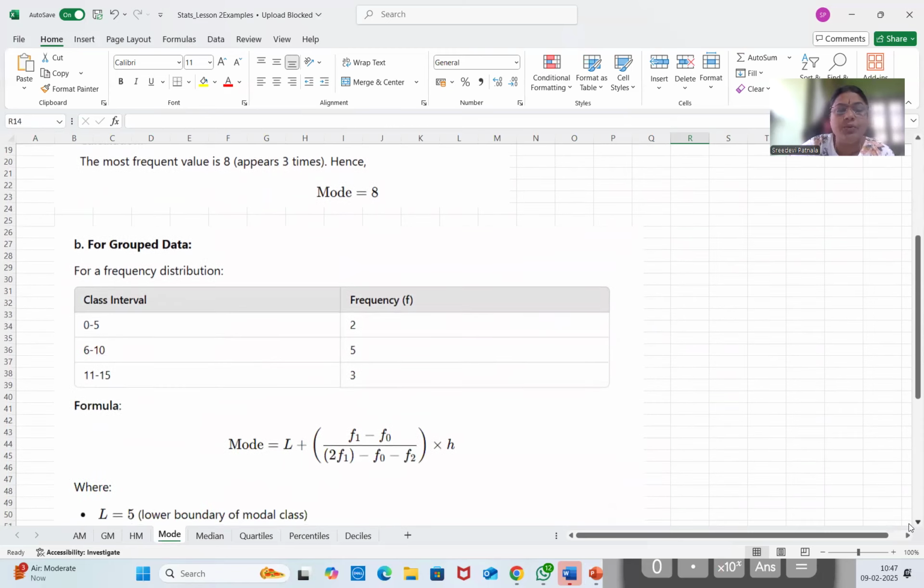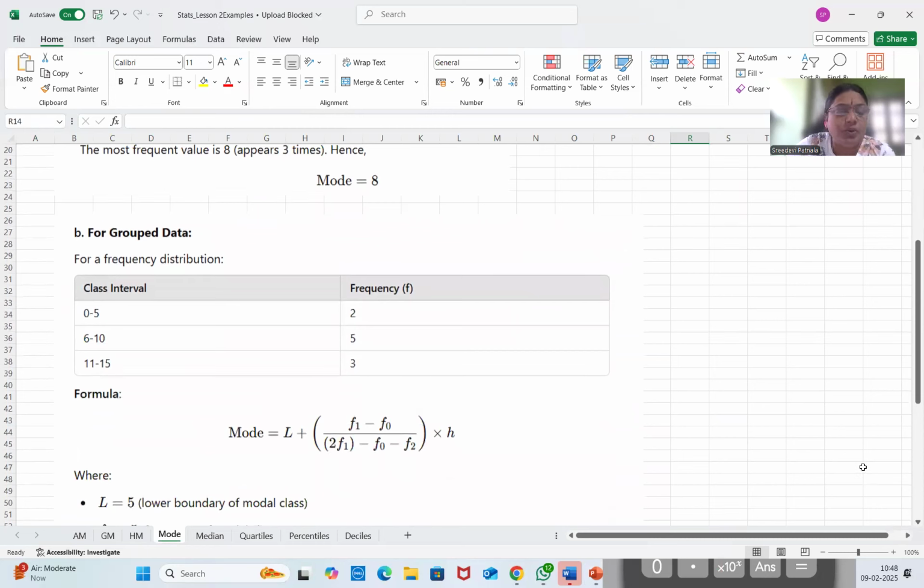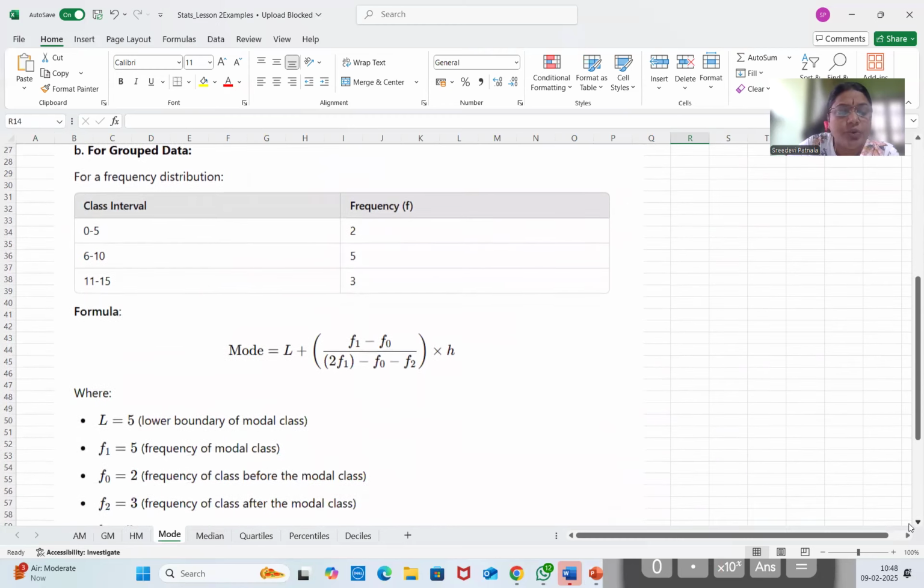So now this is grouped data which is given: 0 to 5, frequency is 2, 5, 3, and 6 to 10, like this, frequencies are given. So now mode is equal to L plus F1 minus F0 divided by 2F1 minus F0 minus F2. You have to carefully observe the brackets because the BODMAS rule will apply.